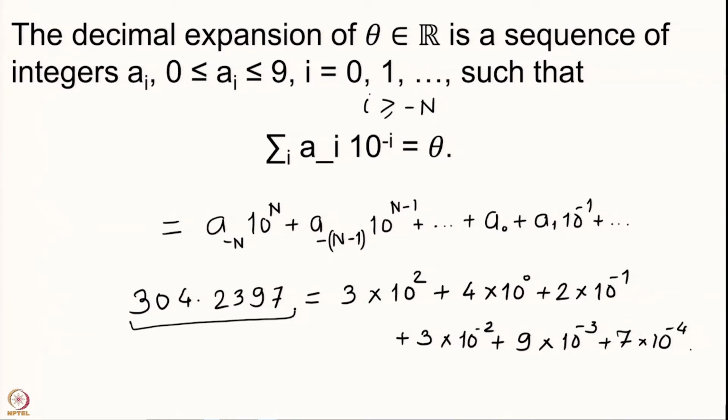It is true that for any real number theta, we would have such an expansion where your i will go up to infinity. And this is again easy to construct because remember the sequence of rationals that we had constructed in the last lecture. Here what we do is that you first of all look at the largest integer less than or equal to your theta, the integral part.